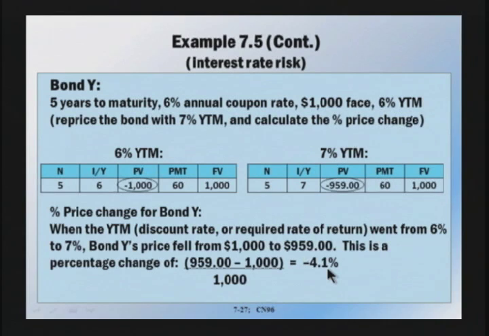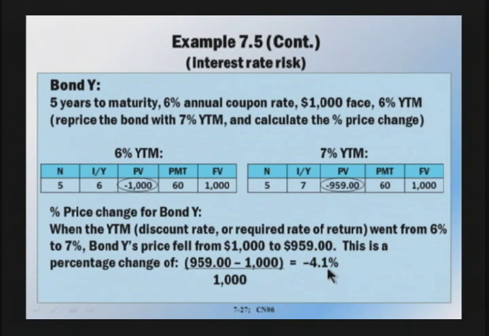The reason is because the maturity of bond X was longer. So when the rate went from 6% up to 7%, bond X had cash flows received farther into the future, and they are subject to this higher 7% discount rate for a longer period of time.